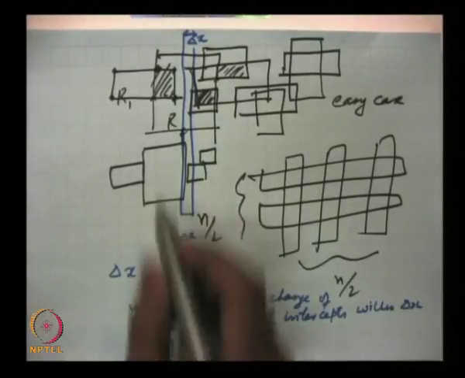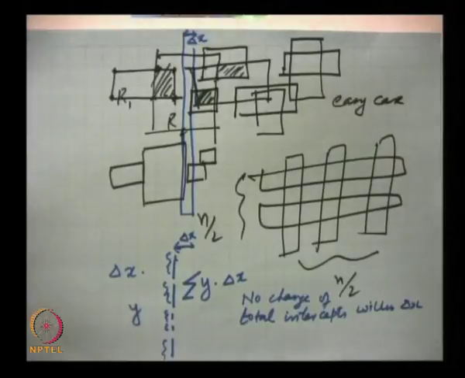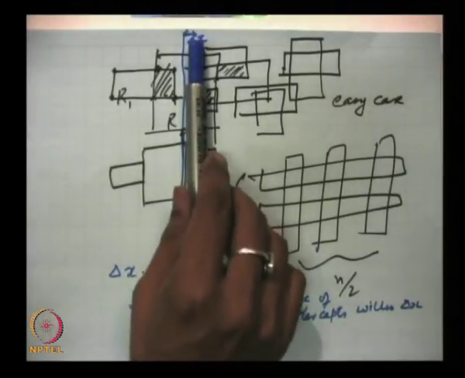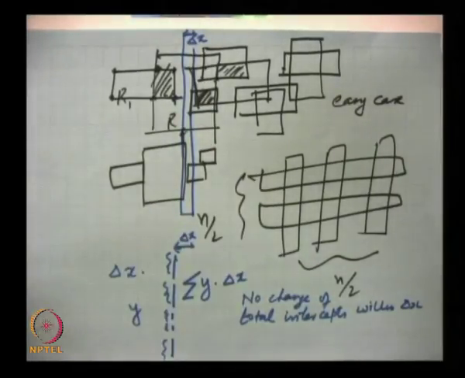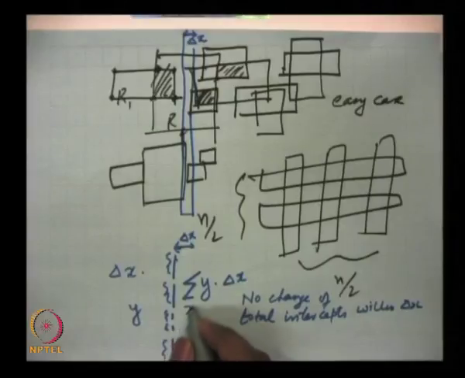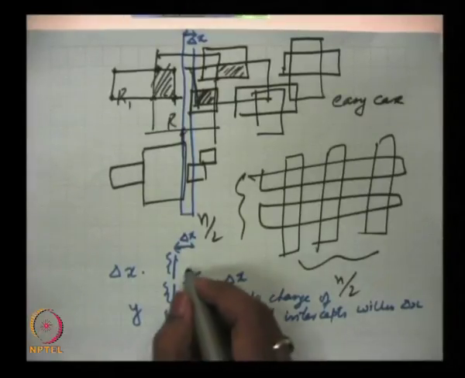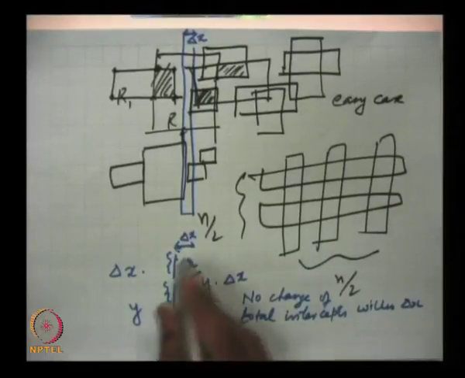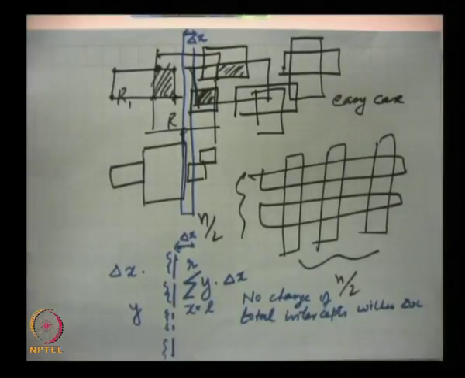So, y is the total intercept of the rectangles with this vertical line, and therefore, this infinitesimal rectangular area would be y times delta x. And so, if you sum it up from x equals the leftmost rectangle, let us call it L, to the rightmost, R, then it is basically the measure of the union of the rectangles.